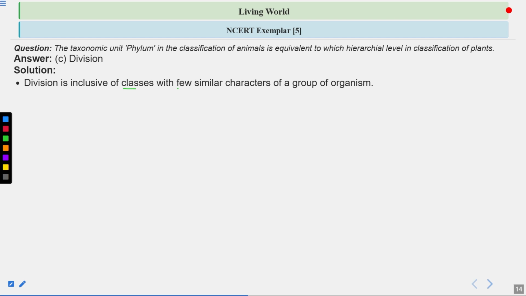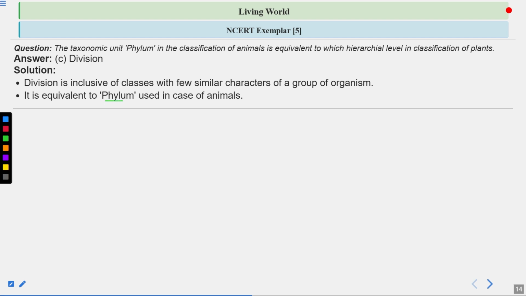So as you move from species to kingdom, the number of shared characteristics decreases, the number of similarities decreases. So that's why they are writing division is a group of classes with few similar characteristics. Obviously, there will be similar characteristics, but these will be few. So division is equivalent to phylum used in the case of animals.